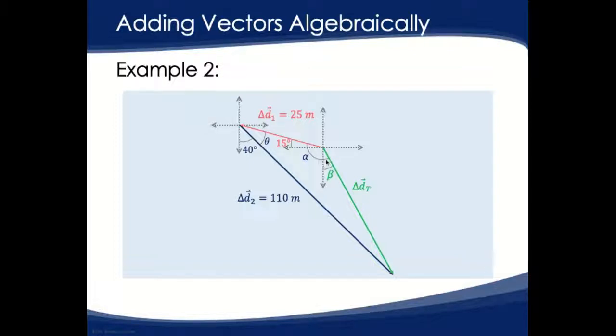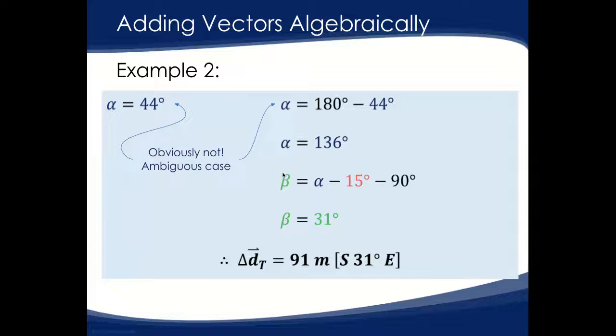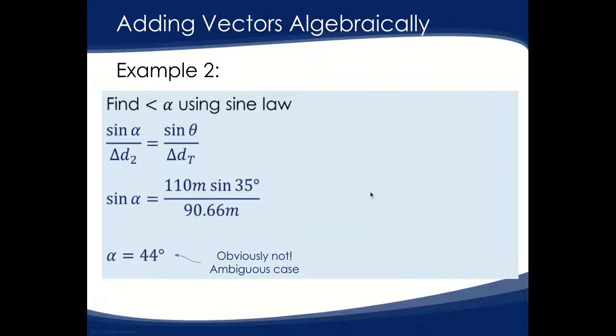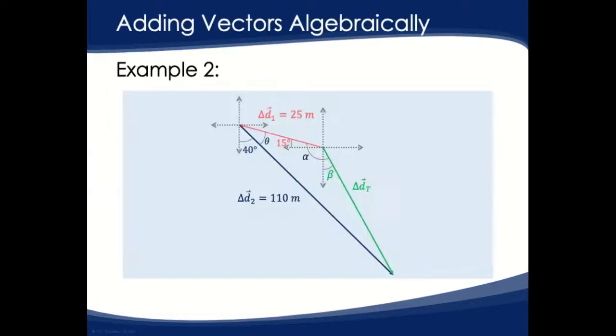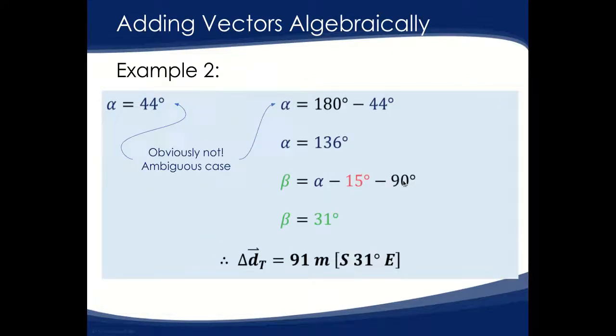We see that it overlaps a little bit into this 90-degree angle that contains angle beta. So angle beta is going to be angle alpha minus 15 degrees, because that's the original angle, which we know should be part of our z, minus 90 degrees.